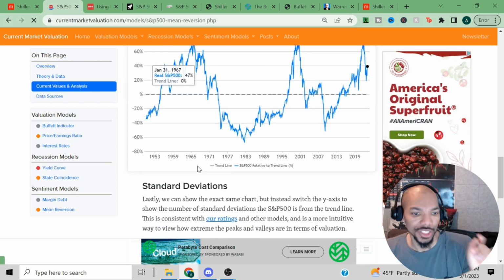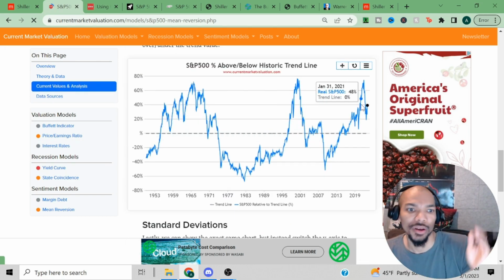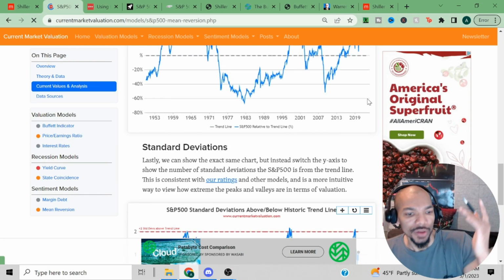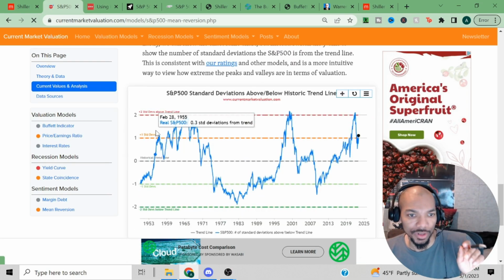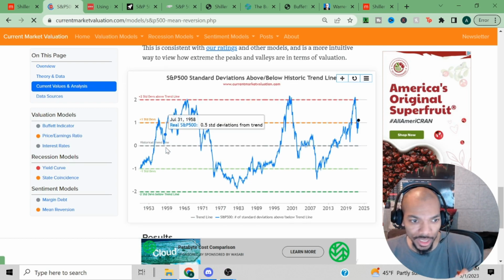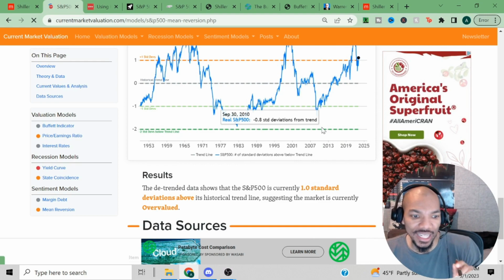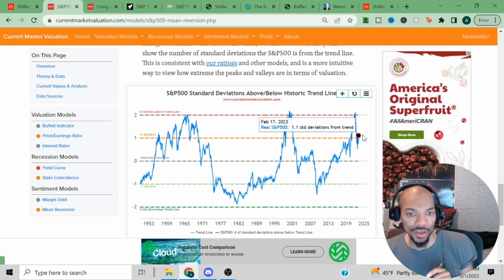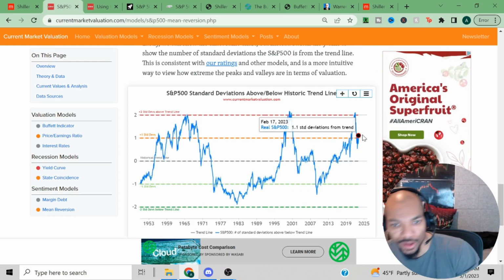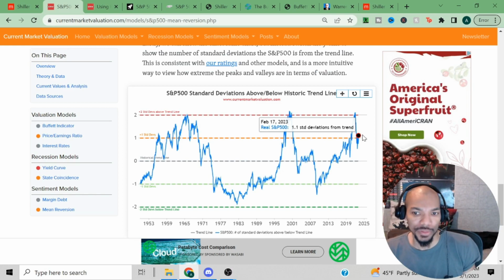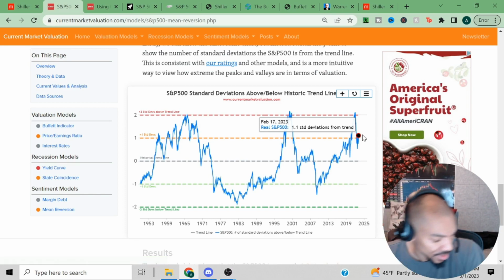If you strictly looked at the flat line, you'd say, oh, clearly overvalued. But if we look closely at the trend line, as far as the mean, it's slightly overvalued. So for this purpose, I said for the mean reversion, it's overvalued.